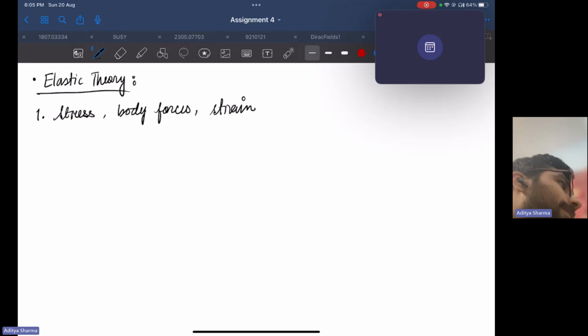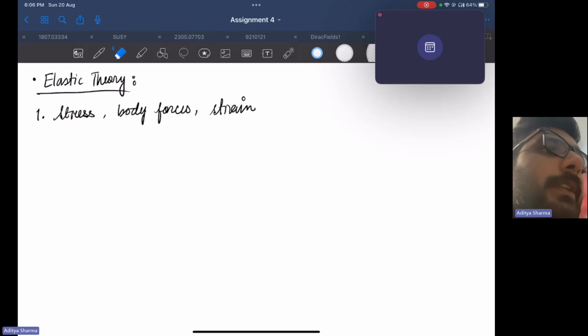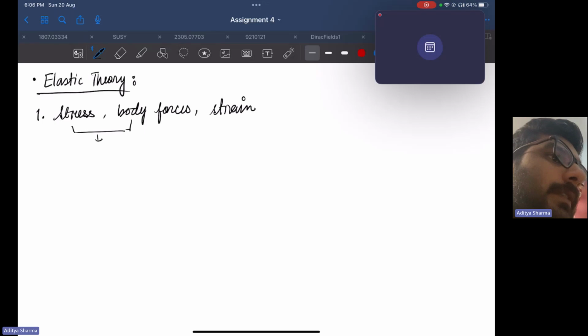We also defined the relation between stress and body forces, which is this equation.